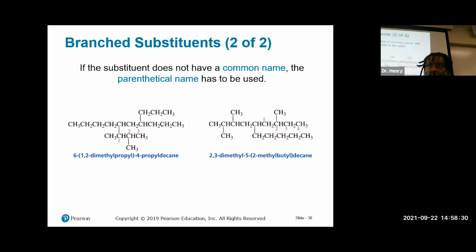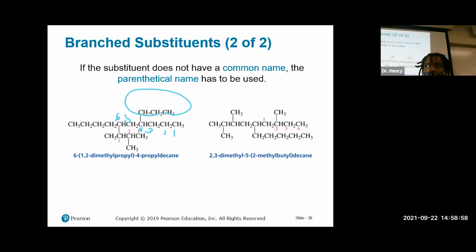If we count it this way, we come across our first group, compared to the 5 going the other way. So we have a propyl group coming off of the 4th, 4 propyl.